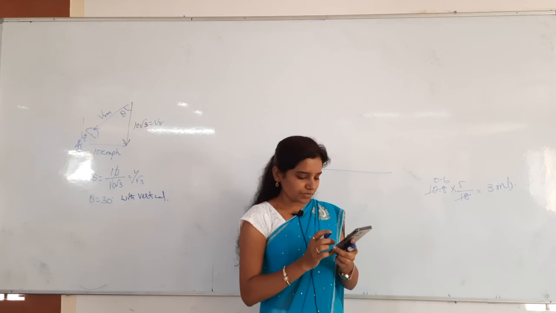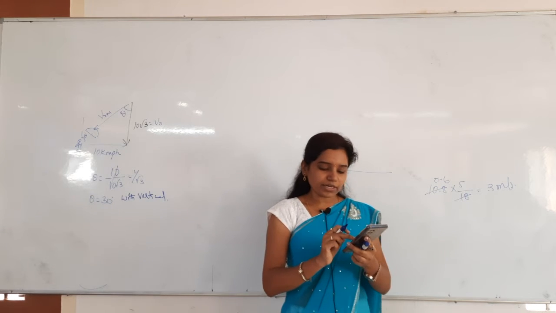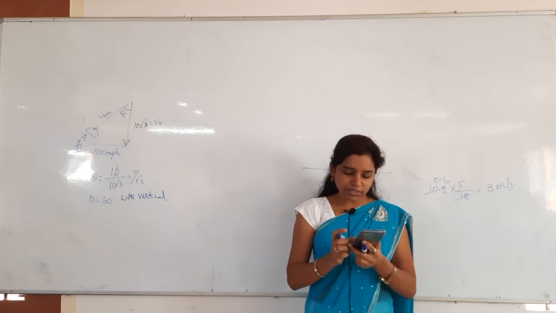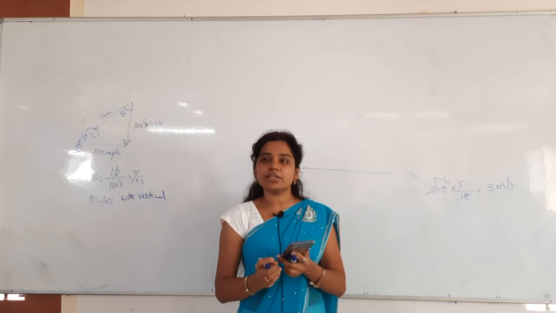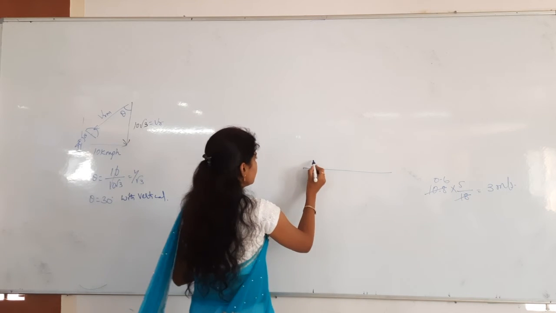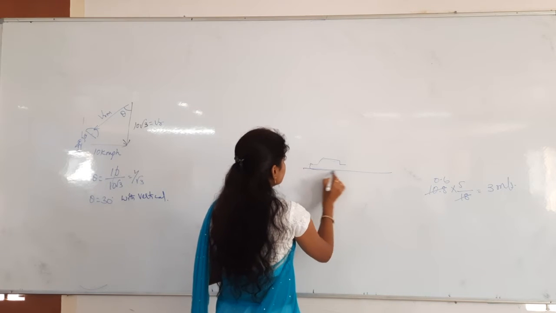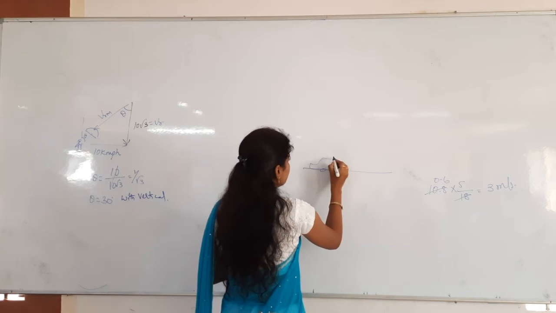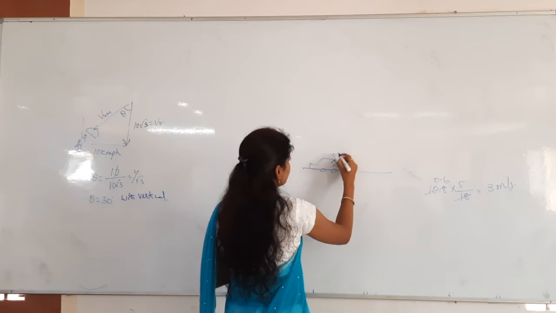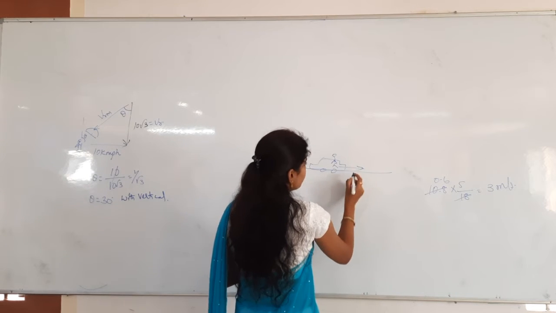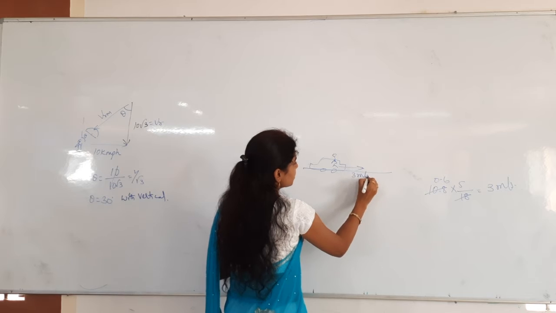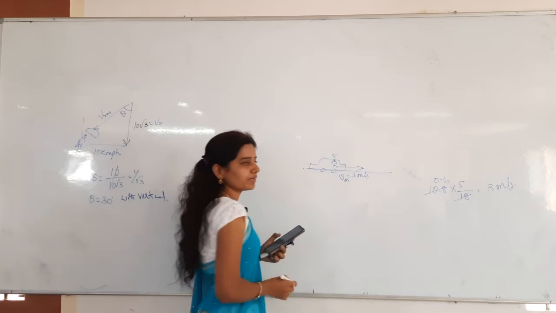The man is traveling at 10.8 kilometers per hour in a topless car on a rainy day. So here the man is moving in the car. The man is standing here and then he was moving in a car with what speed? I said 3 meters per second. This is the velocity of the man.